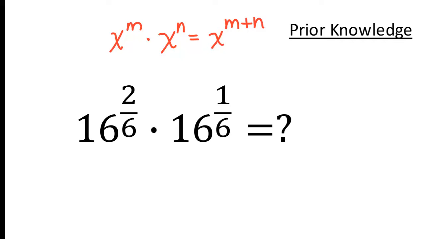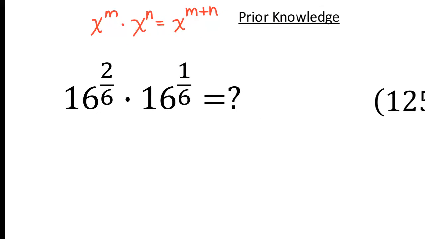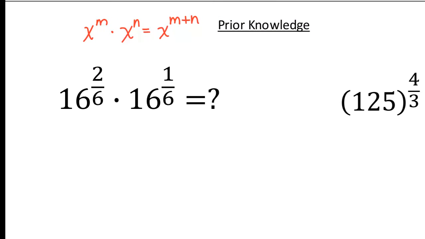But that only works if it's the same base. So like here, they're both 16, so then I can add my exponents. My rule is to add. So I would do 16 to the 2/6 plus 1/6.